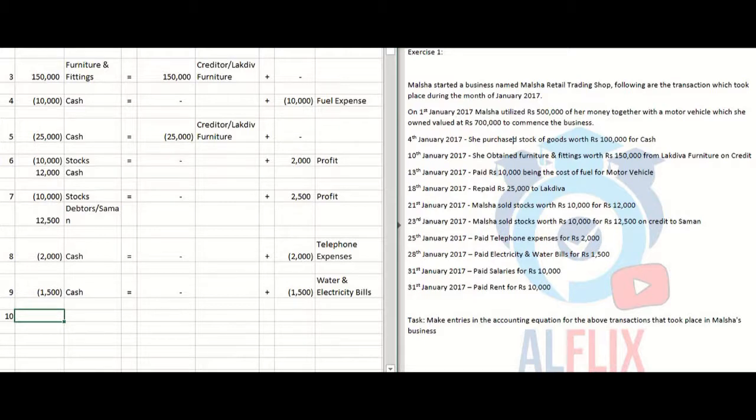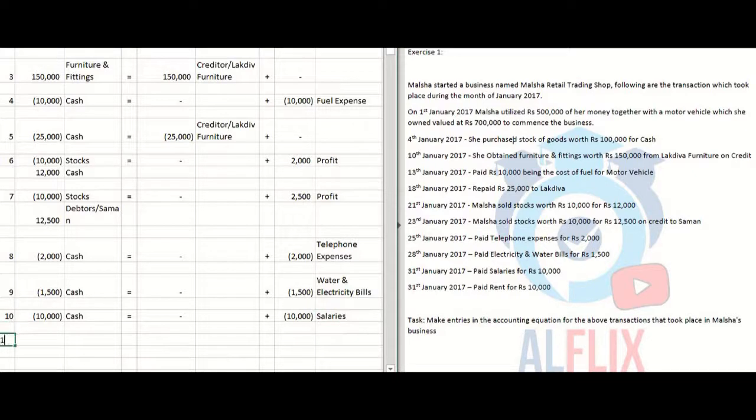This will result in a decrease of assets worth rupees 10,000 in terms of cash, as this has been paid, equals nil value of liabilities as there is no obligations created, plus a reduction of equity by rupees 10,000. Again, since this was an expense incurred by the business in terms of salaries.